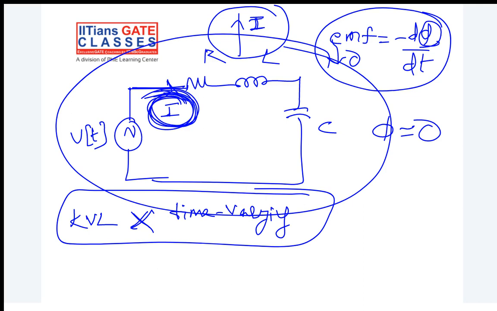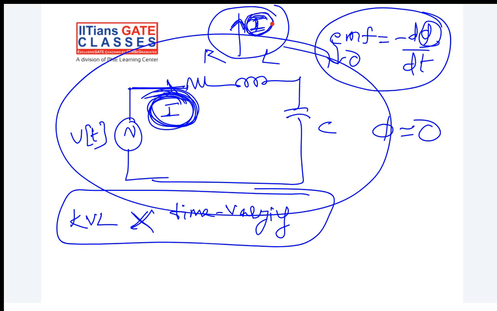No change, the same. The reason is that DC is not time varying.